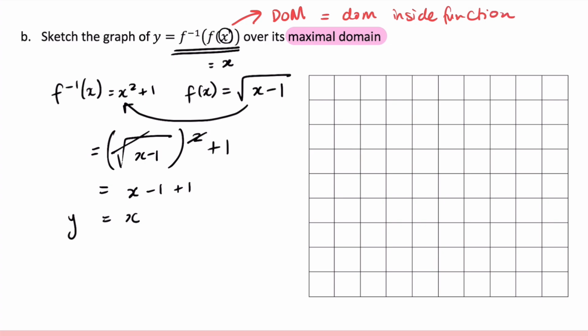And the inside function in this case is the square root, and the domain of this function is from positive 1 to infinity. So that's the square root that has been moved over by 1. So we are in fact looking at the graph y equals x, but it has a restricted domain to be that of the inside function, which is from 1 to infinity.